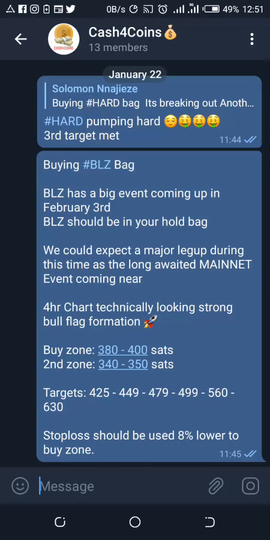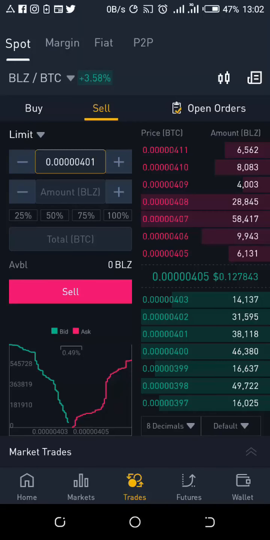So this is how to use a predefined signal where you have the buy zone and also the stop loss values, then the percentage to use to prevent a loss, right? So that's it. So still on this trade of BLZ in the pair of BTC, the trade has already reached 405 Satoshi.